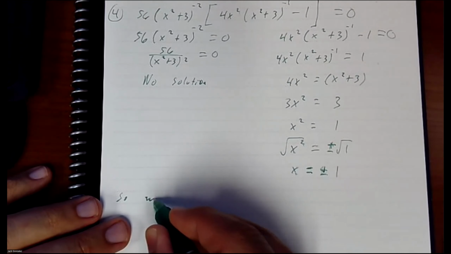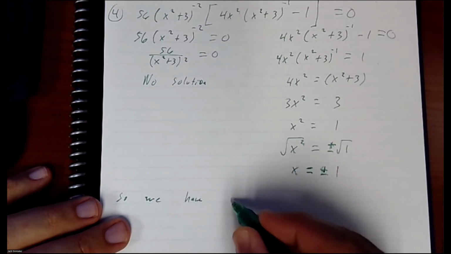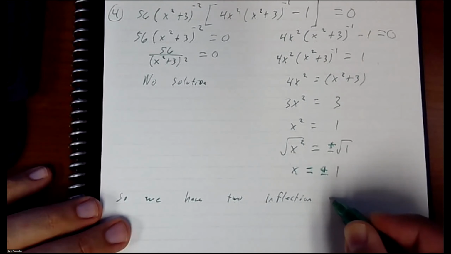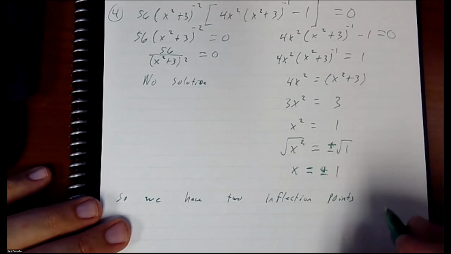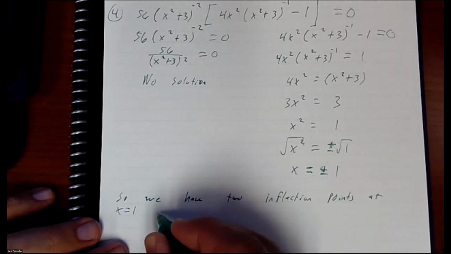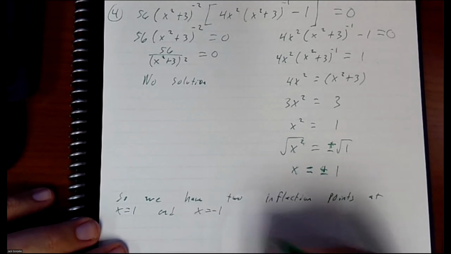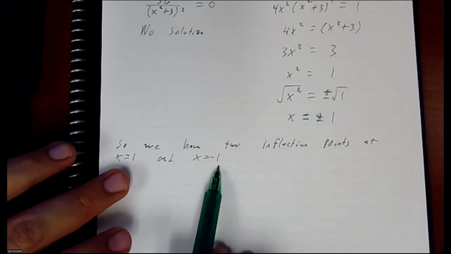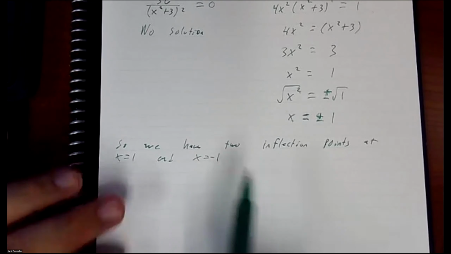So we have 2 inflection points, at x equals 1 and x equals -1. So we're concave down until these points. We change concavity.